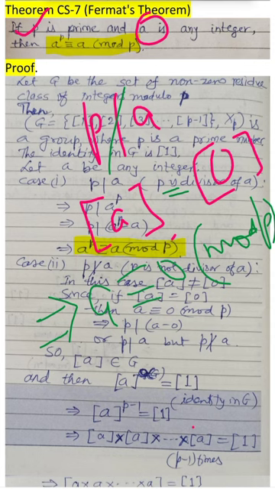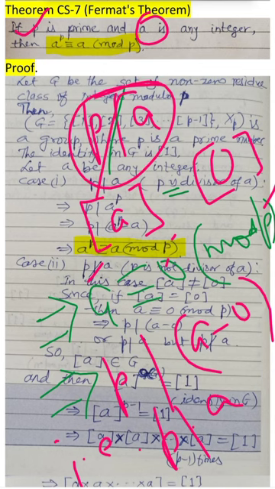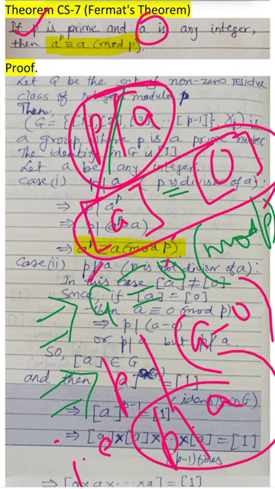And this gives P is the divisor of the difference of A and 0, that is P is the divisor of A. But हमने माना है कि P is not a divisor of A, and if we let class A equal class 0, then P is the divisor of A. So this is a contradiction.